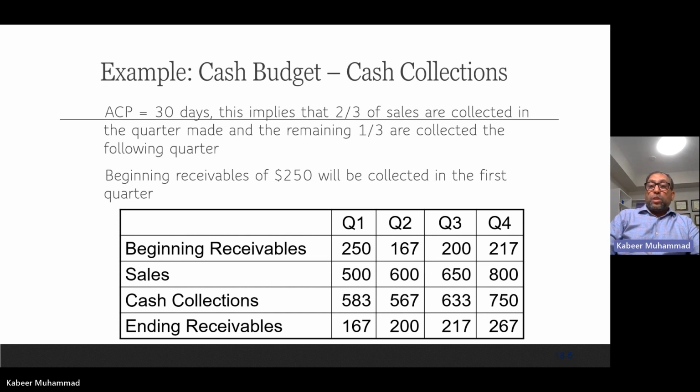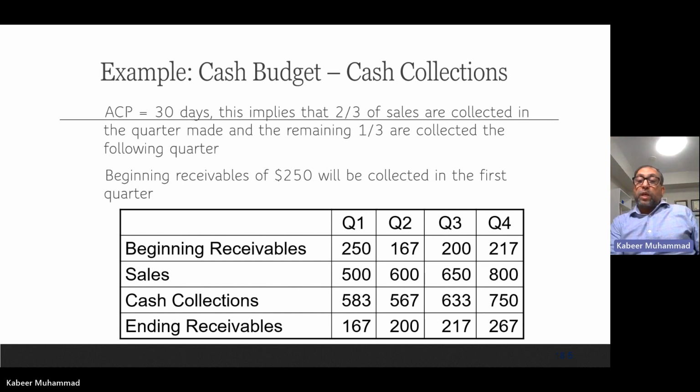The first month's sales are received in the second month, the second month's sales in the third month, but the third month's sales are received in the fourth month, which is the next quarter. So 2/3 of the quarter's sales are collected within that quarter, and 1/3 in the next quarter.